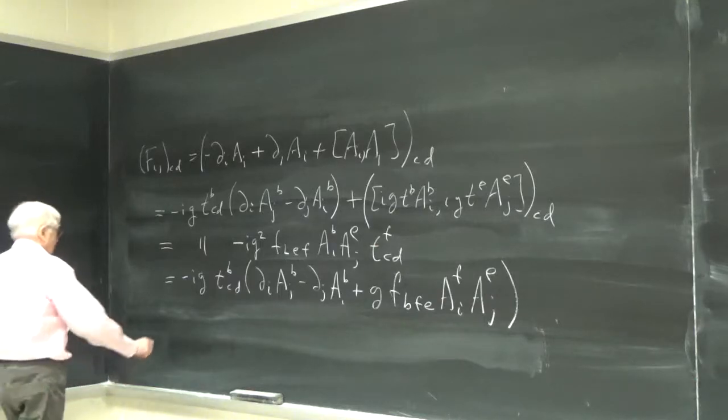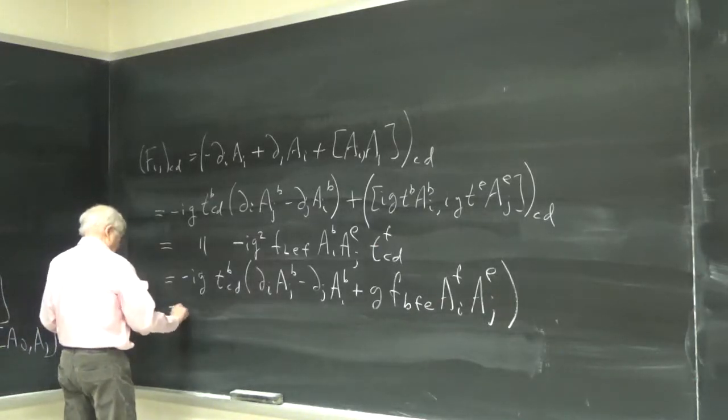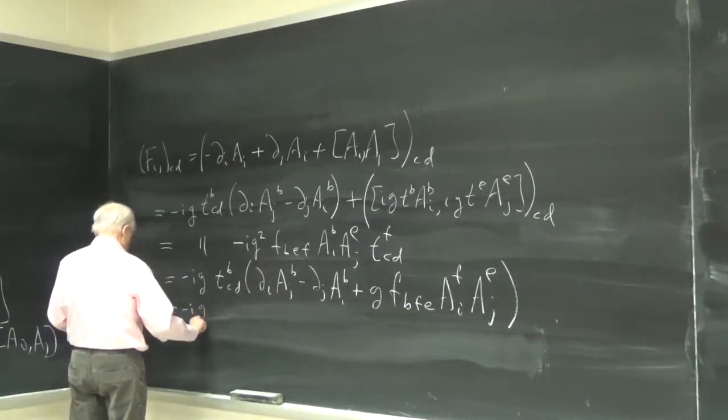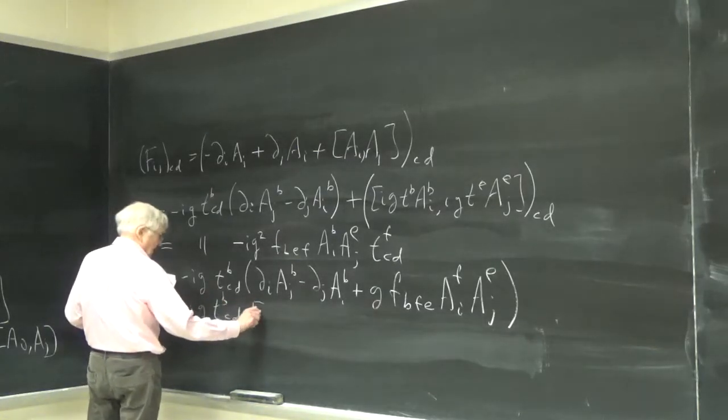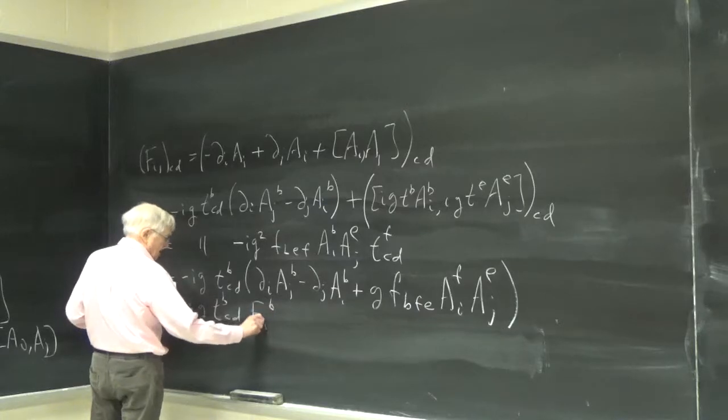And we can write that as minus iG T^B_CD F^B_ij.